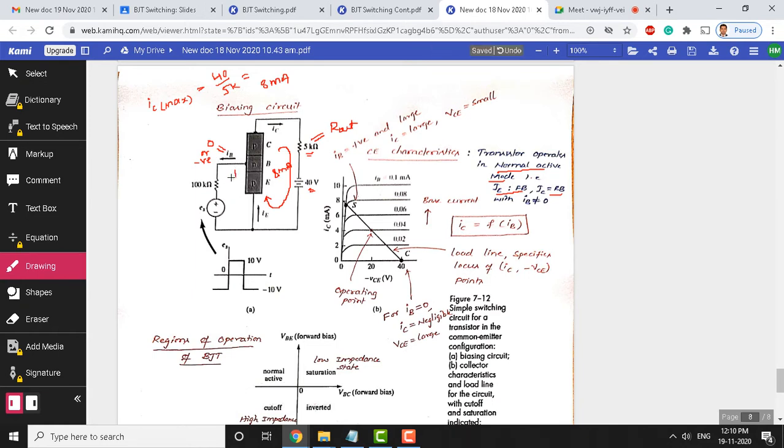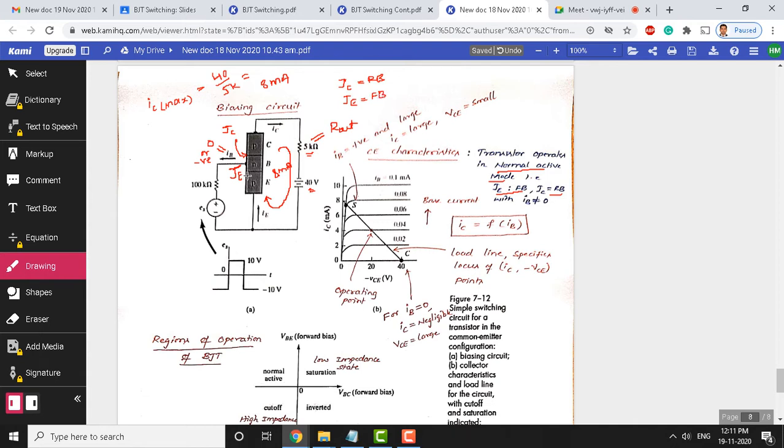This is the emitter junction, and this is going to be the collector junction. As I told you, this is in the forward active mode. Forward active mode means the collector junction JC is reverse biased and the emitter junction is forward biased.